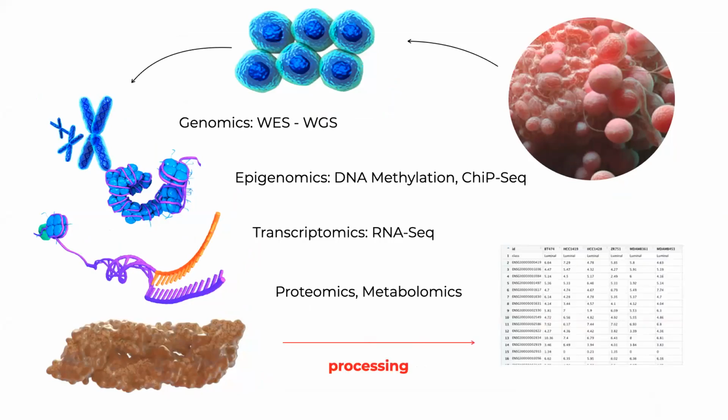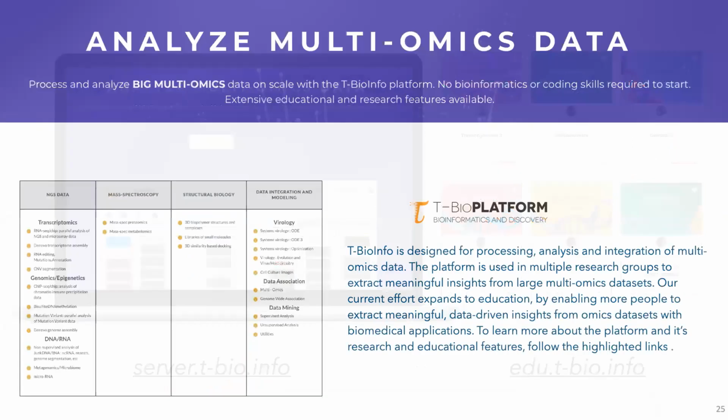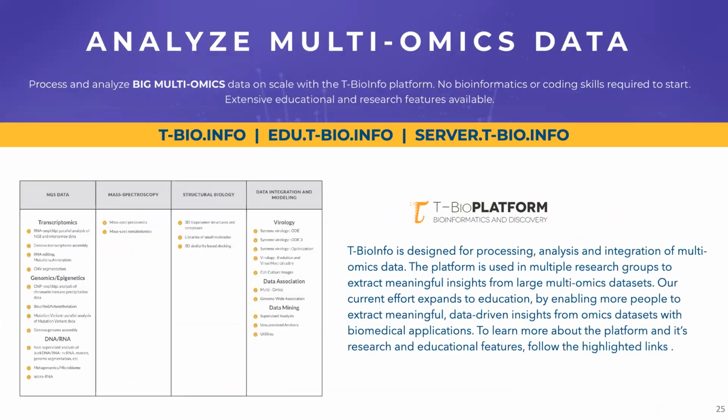It's important that in every lesson and every course that you will find, there are going to be practical assignments using this T-Bioinfo platform. This platform can allow you to study different types of omics data, including genomic data, transcriptomic data, and metagenomic data, and examples from all of these types of sequencing data will be used in the data science program as we continue to work throughout the program.